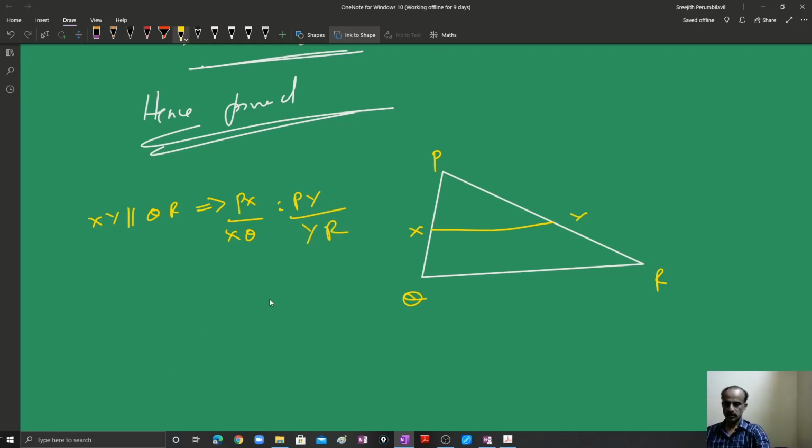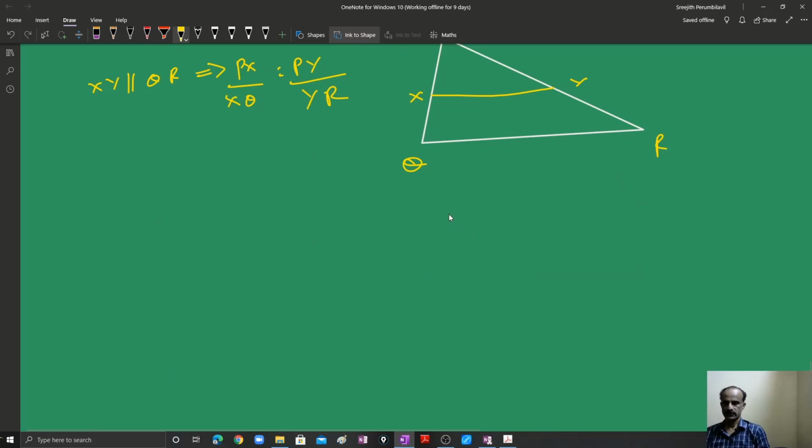Clear? So I'll draw one more figure. Let us name it L, M, and N. Imagine that this line is parallel, though it's not drawn exactly parallel.